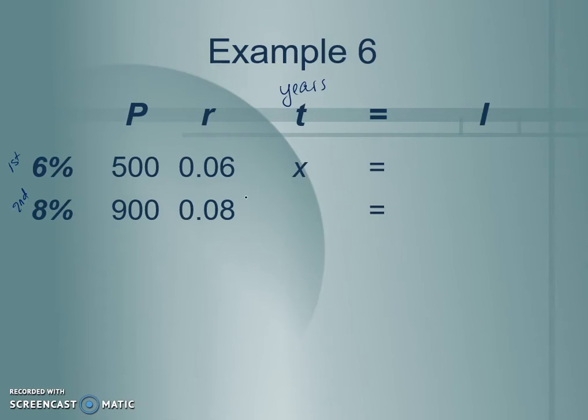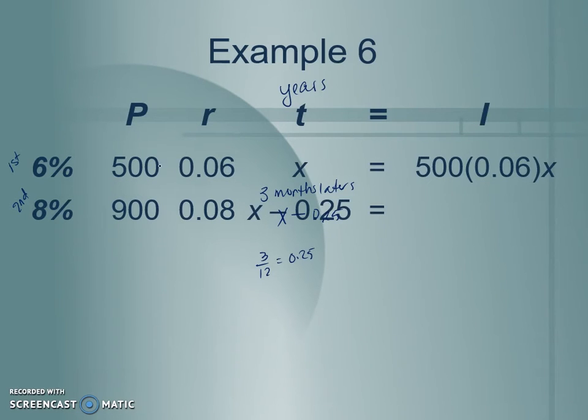But it says that the second one was taken out 3 months later, which means it's not going to be x, but it's going to be 3 months less than x. But we can't put it in as months because it has to be in years. So we know that 3 months out of 12 months is 0.25 of a year. So it's x minus 0.25.